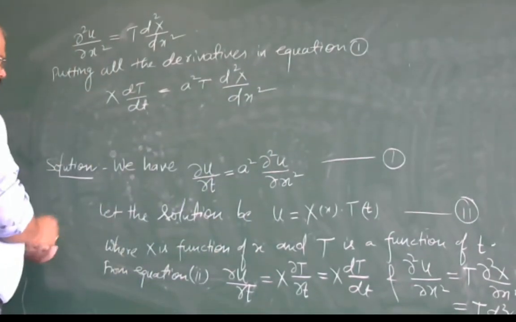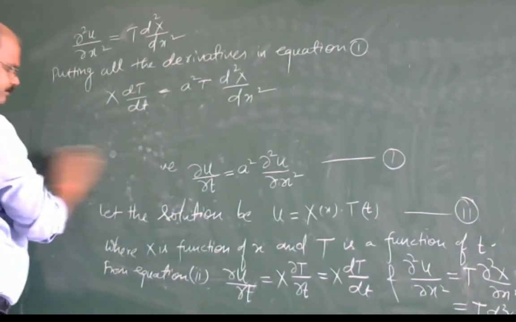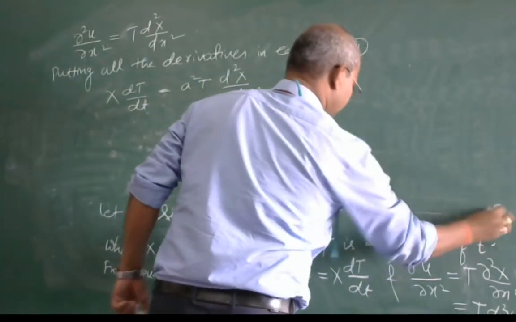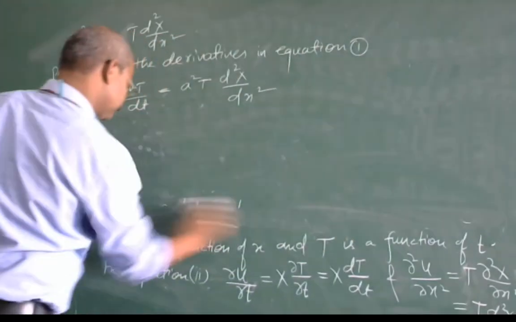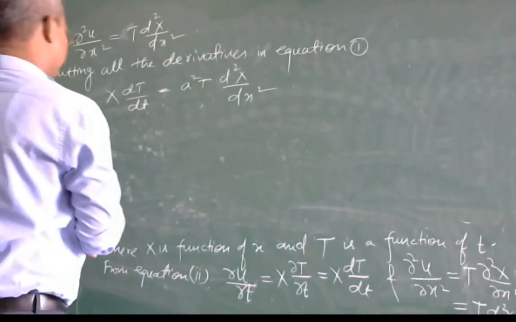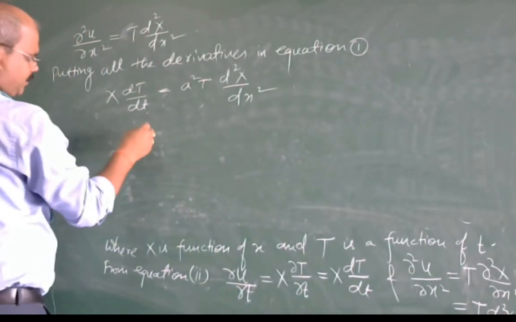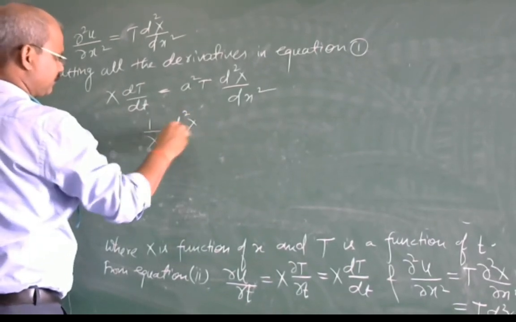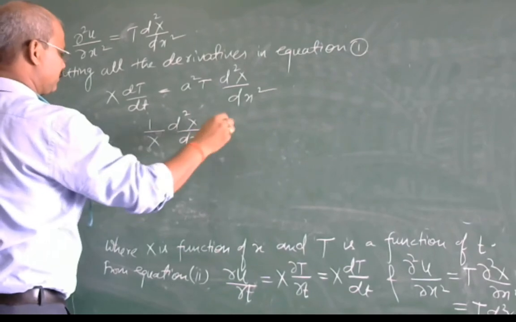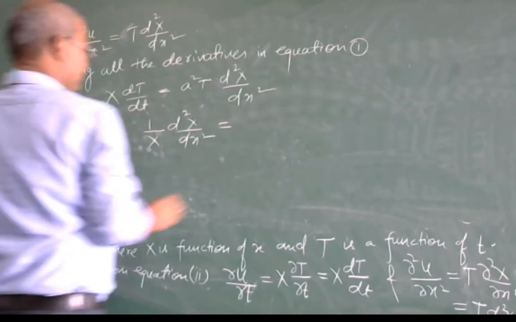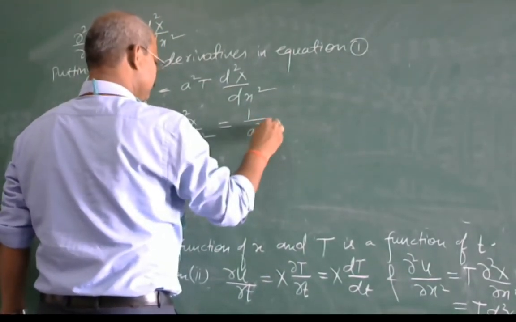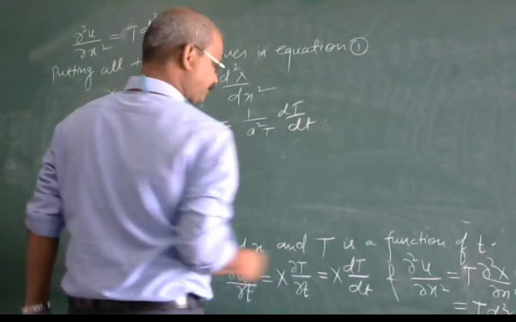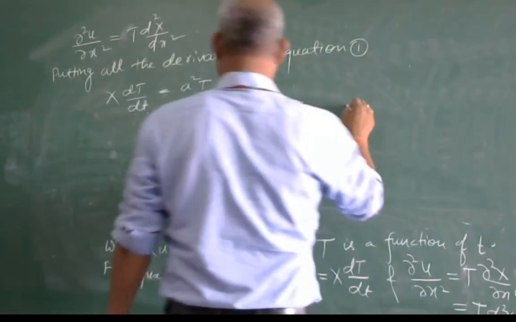So from here it is clear that 1 upon X d2X upon dx2 is equal to 1 upon a square T dT upon dt. This is the third equation.